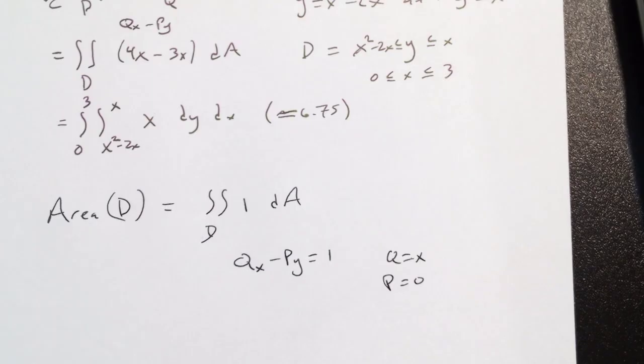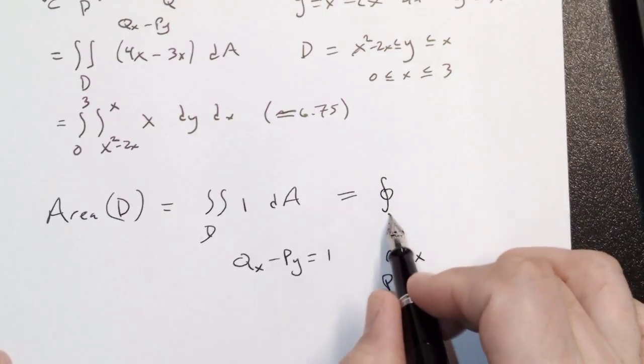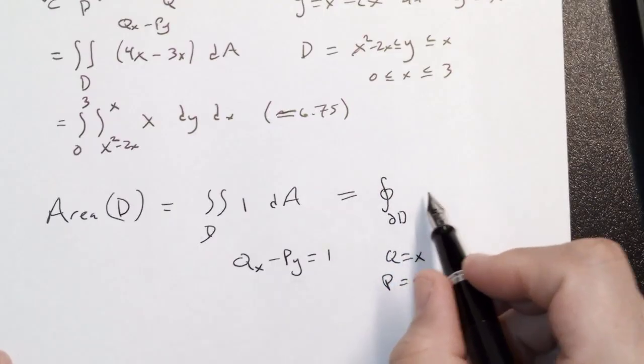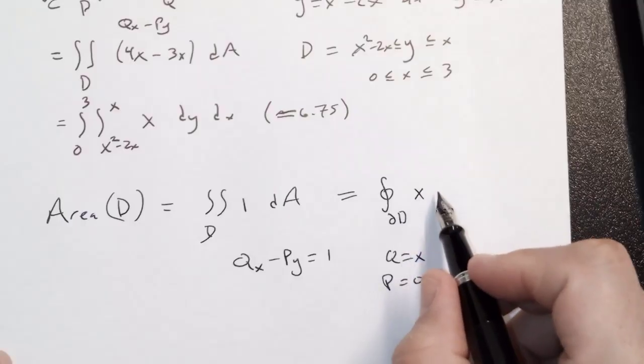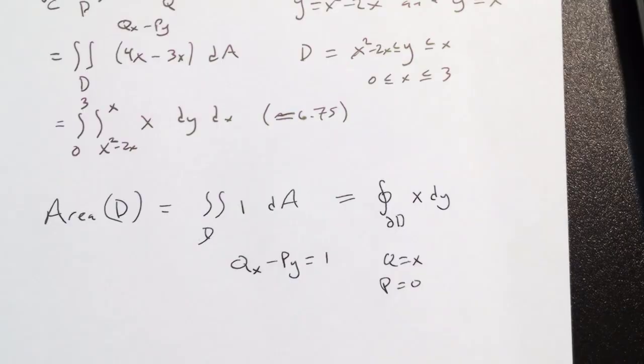And if I do that, Green's theorem tells me this: P dx plus Q dy. There we go. Instead of measuring the actual physical area, I can measure around its edge, and I can figure out the area that way.